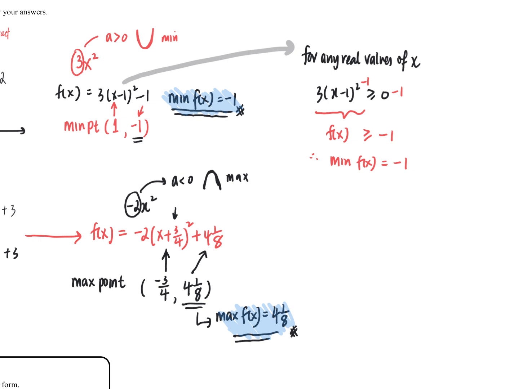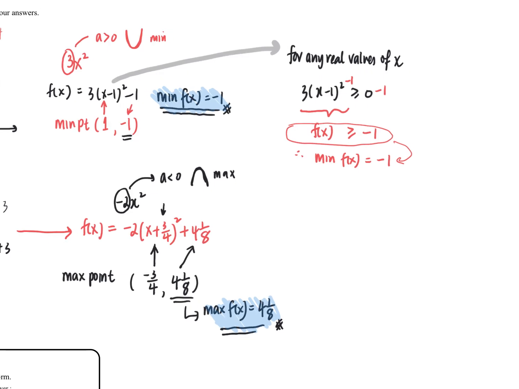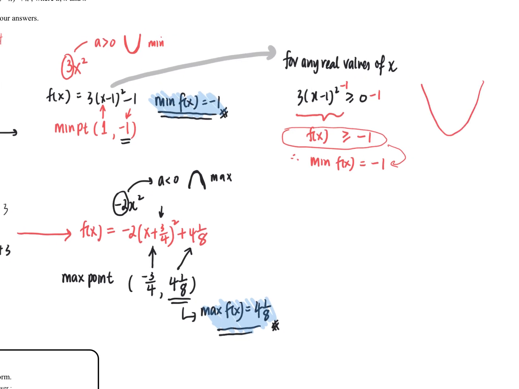So they need to see this to be convinced that this is the lowest point. Just like if you really go and sketch that thing out, you will have something like this. And then your lowest point for y is where it is at -1. So that's why this is the lowest point. You can also explain that this is a minimum curve and the lowest point is at -1. So you explain graphically or you explain by working. Whichever the case, it can work.